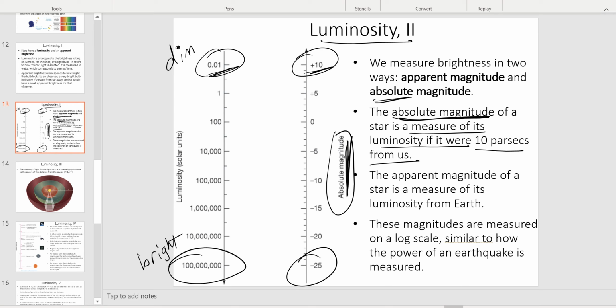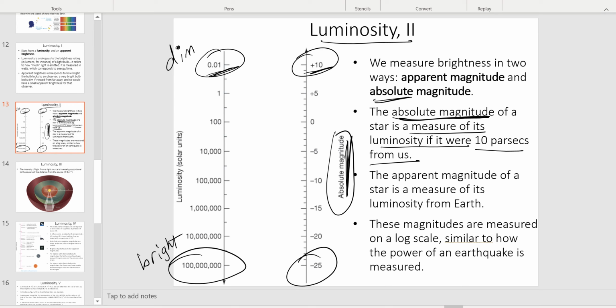So in other words, you're not measuring the brightness of a firefly when it's right next to your eye and measuring the brightness of a stadium light when it's a mile away. You're going to put the firefly and the stadium light the same distance away from you. Well, you know what would happen. Obviously, you wouldn't even be able to see the firefly because the stadium light is so much brighter.